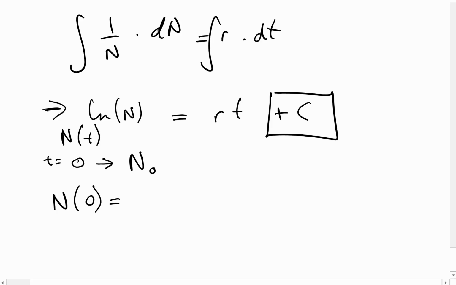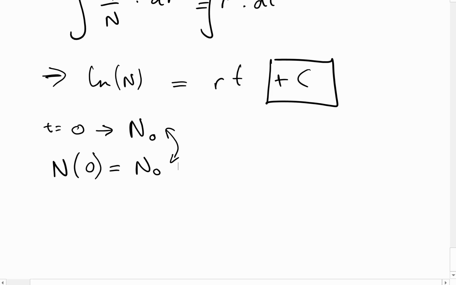So n of 0 is n0, a neat way of writing that. Those two things are exactly equivalent. All this is saying is that at the beginning of the time period that we're considering, at time 0, our population is going to be given by n0. So it's just going to be some number. This is what's known as an initial condition.